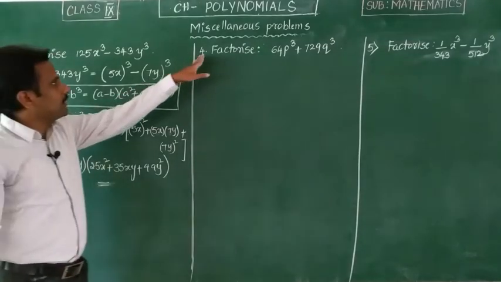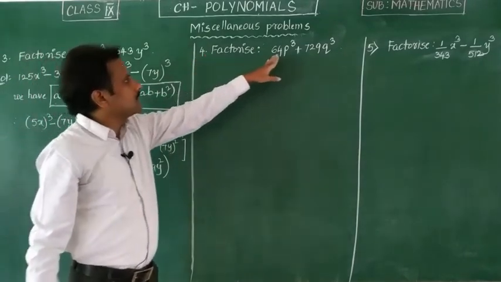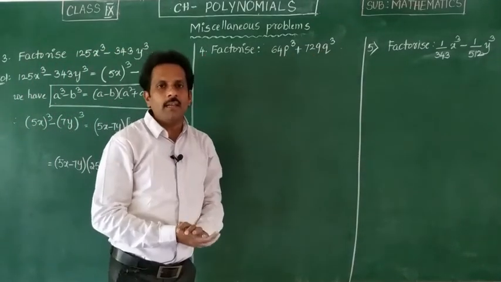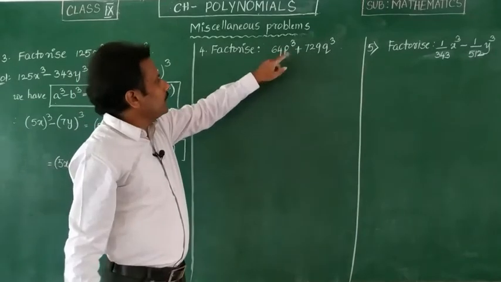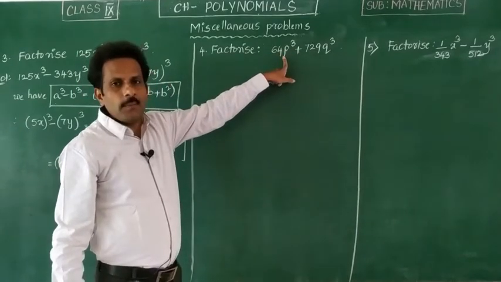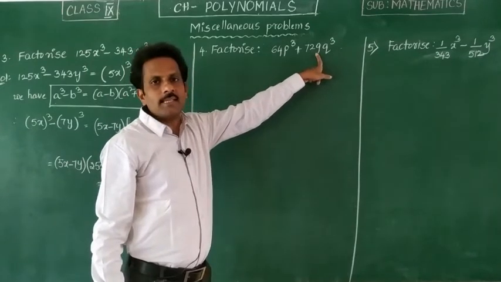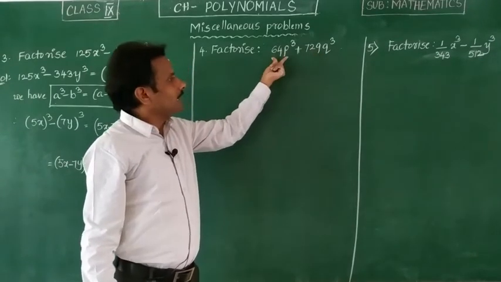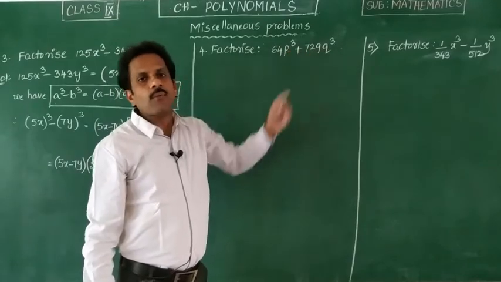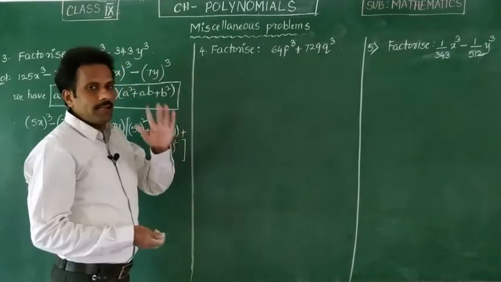Now let us observe the fourth problem: factorize 64p cube plus 729q cube. If you observe here also, 64p cube can be written as 4p whole cube, and 729q cube can be written as 9q whole cube. That means again we get a cube plus b cube form, so we need to apply that identity.